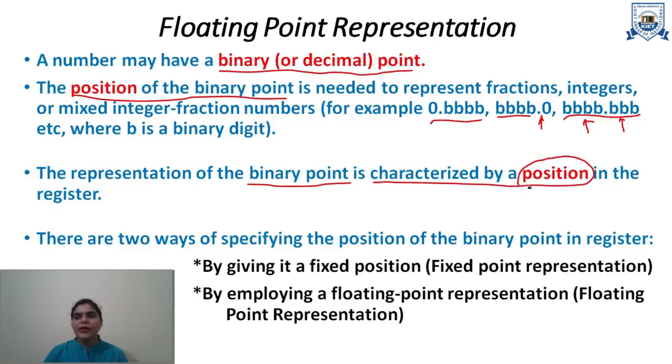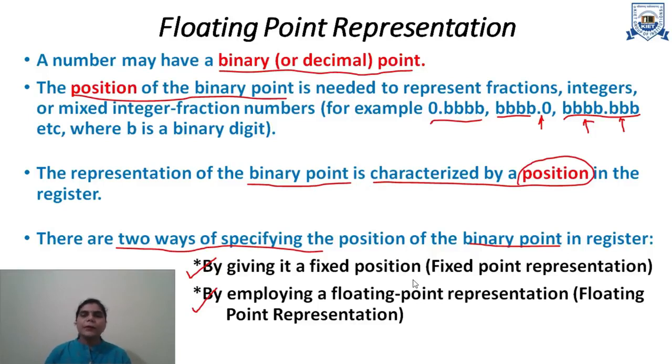So according to the position of the binary point, we have two methods of representing binary numbers which have a binary point. One is the fixed representation method. Second is the floating point representation method. So let's start with the fixed position method.